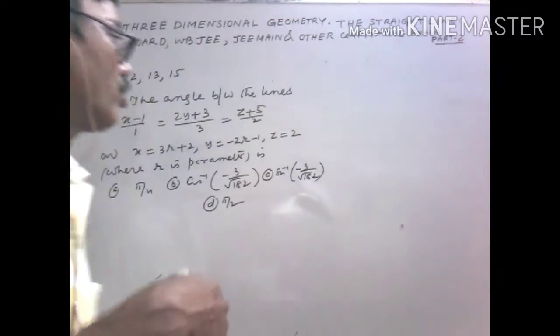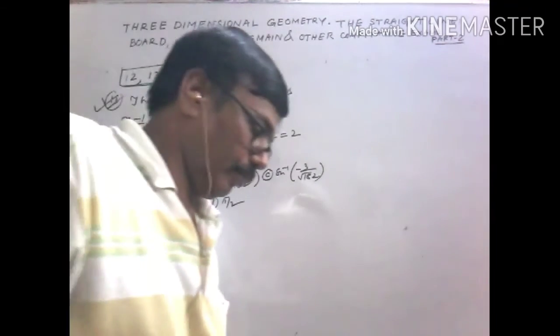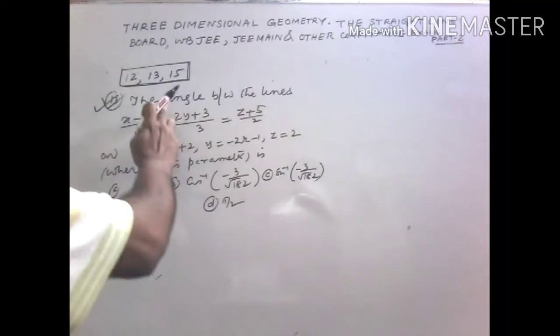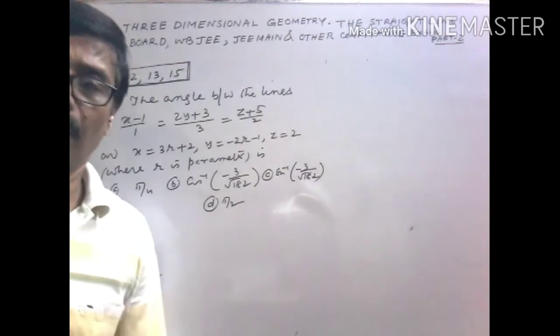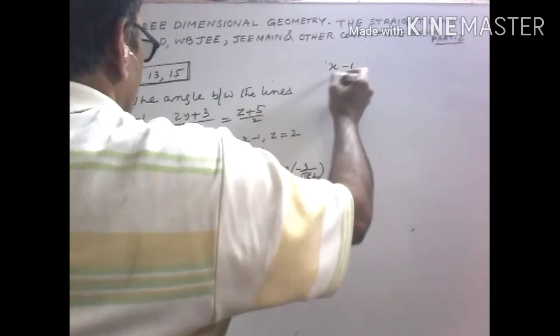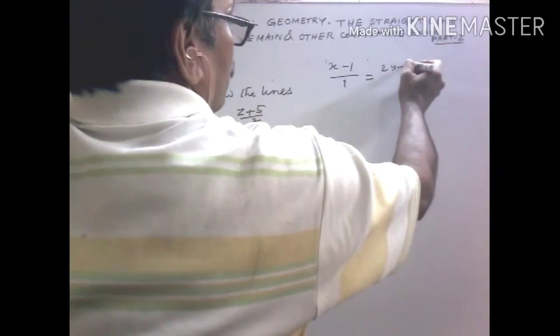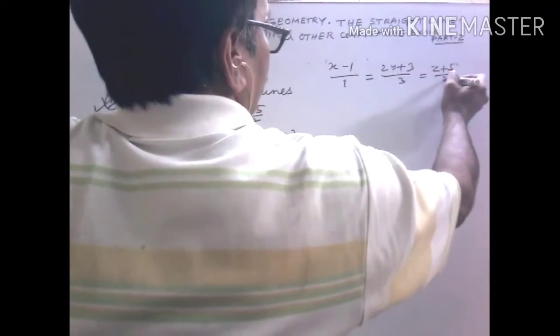Now we consider three same types of problem, 12, 13, 15 from the description list. So problem number 13. The angle between the lines is given by this. The first line is given in this form: x minus 1 by 1, 2y plus 3 by 3, z plus 5 by 2.